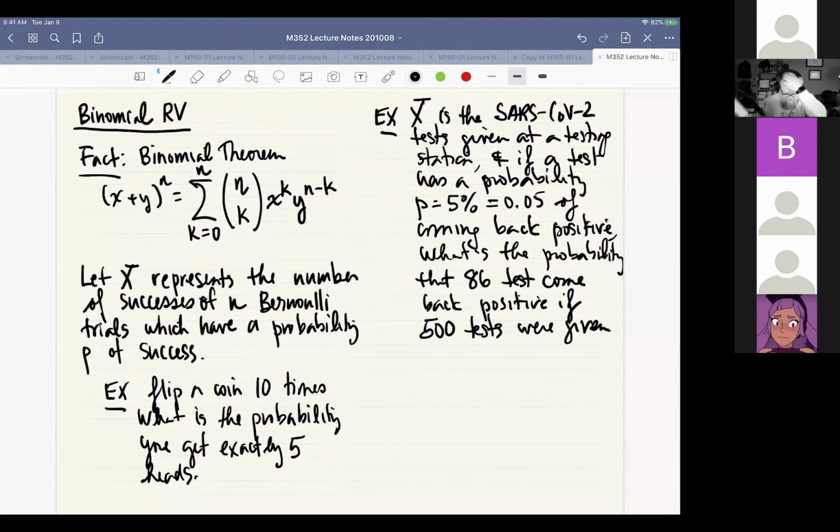Okay. This is a binomial probability. This represents a binomial random variable. If x is the number of positive tests that come back, if you administered 500, that's a binomial probability.